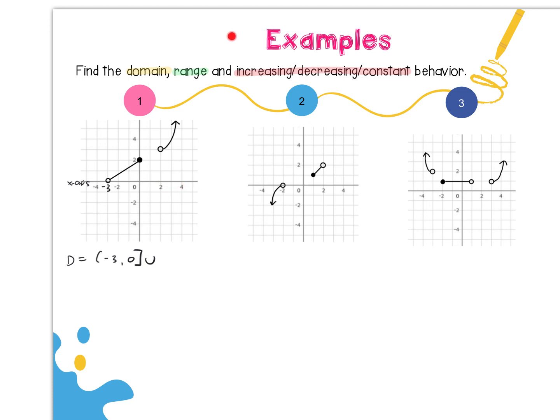It might be way up here, it might even be off my page, but it's going to be there. So I start back up at 2 and go to infinity. And so this is my domain, -3 to 0, and then 2 to infinity. Again, remember, these are all dealing with my x values.